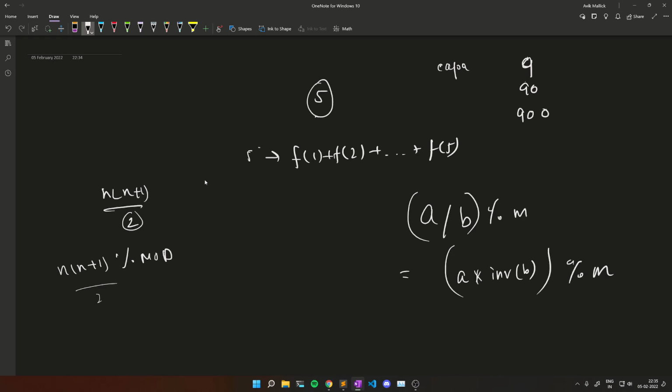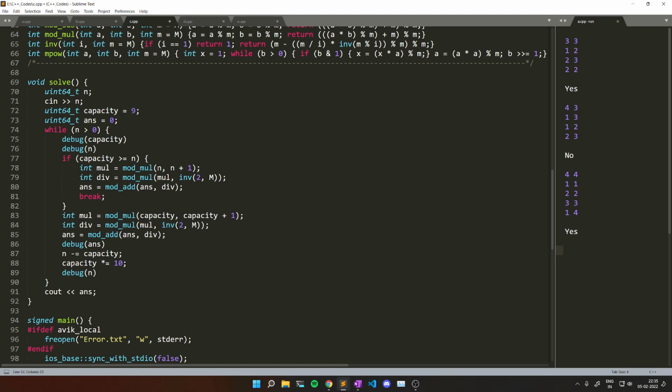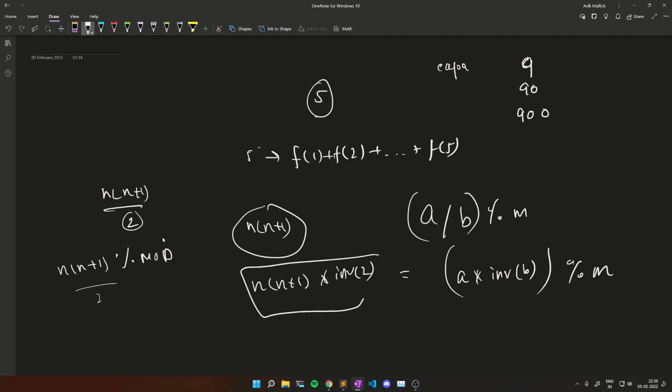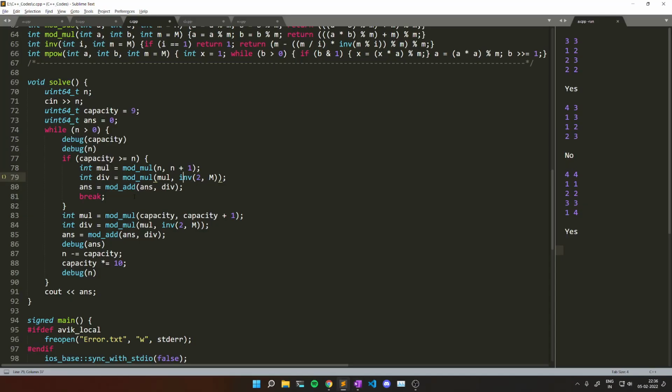So first I take the value n into n plus 1, then I take the inverse of 2 and multiply it with that product. I calculated n into n plus 1 first, then took n into n plus 1 into the inverse of 2, and I have added this value to my answer. Then I break from the while loop.